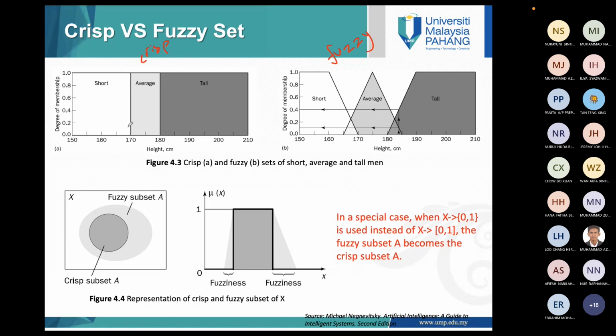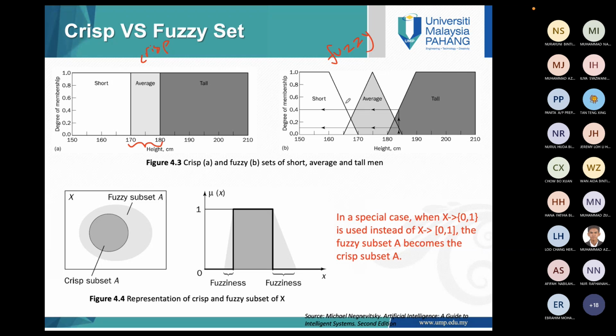For the crisp graph, we put short, average, and tall. Whoever falls between 170 and 180 is categorized as average. Whoever is taller than 180, we categorize as tall. Whoever has height less than 170 is categorized as short.